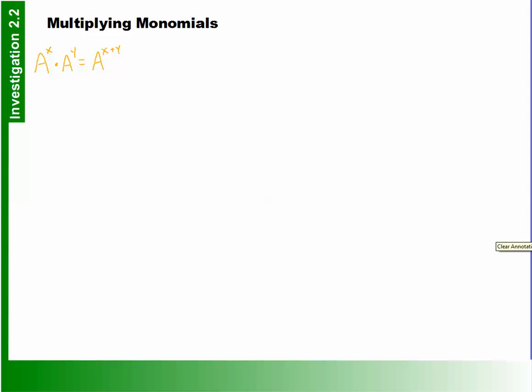All right, so now we're going to have m squared w to the fourth, and we're going to multiply that by m w to the third.